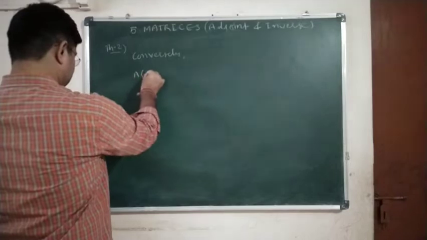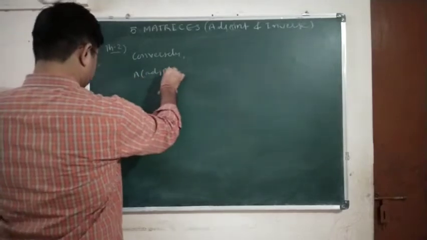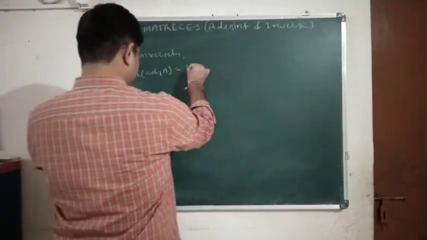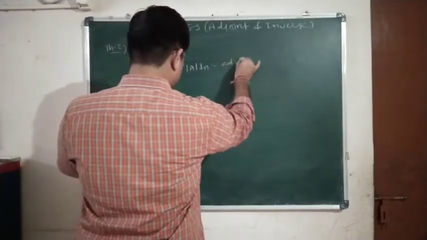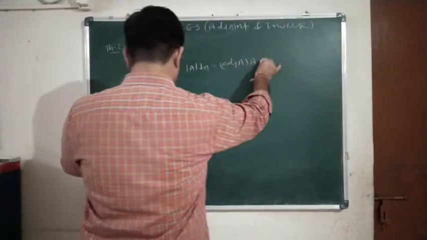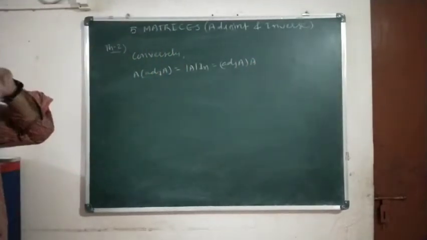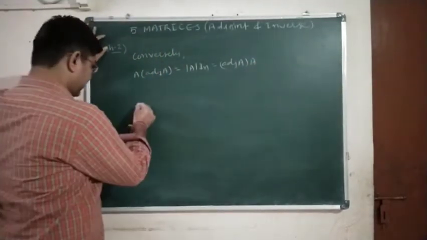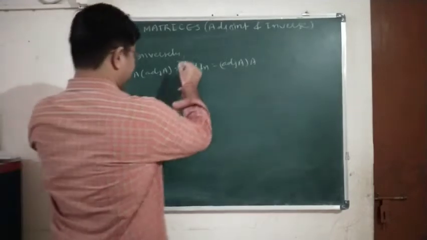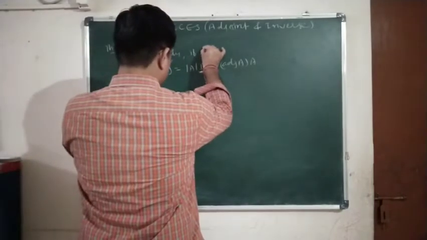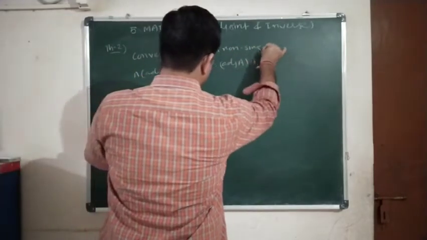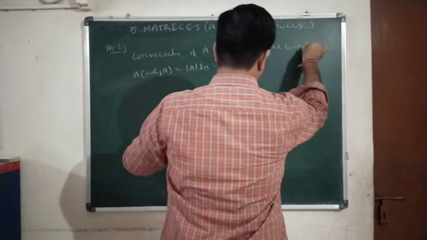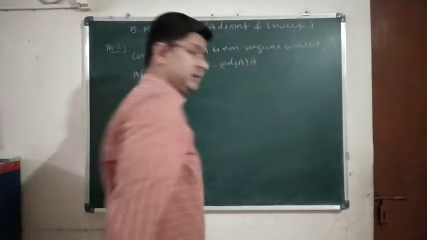Or conversely, we know that A into adjoint of A is equal to determinant of A into I_n is equal to adjoint of A into A. Conversely, first we will take that if A is a non-singular matrix, we will consider this. Yes or no?